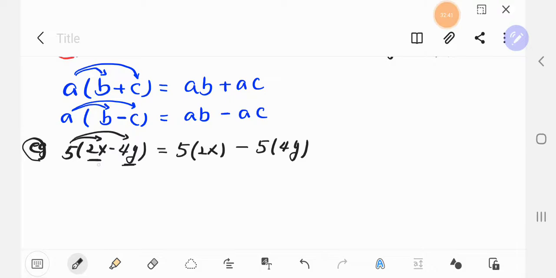That is equal to 5 times 2 is 10x, then minus 5 times 4 is 20y. Can you see this part? What we did is we multiplied 2x and 4y by 5, and the minus sign stays inside.